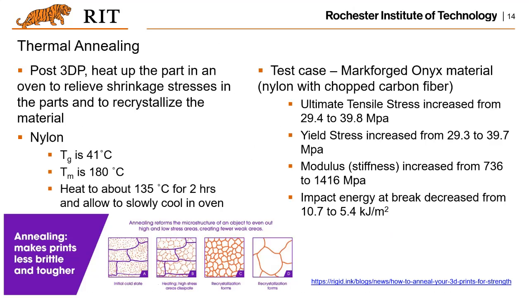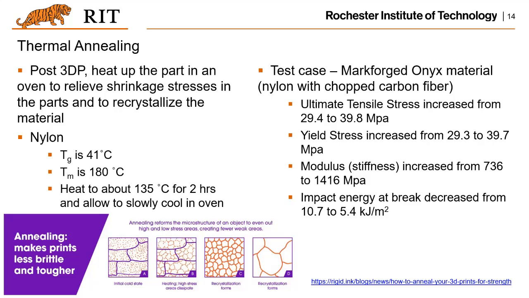Related to the material property, there's a post-processing called thermal annealing. This thermal annealing is a post-processing to increase the strength and mechanical property. Basically, it heats up the part in an oven to relieve the shrinkage stresses in the part and to crystallize the material.